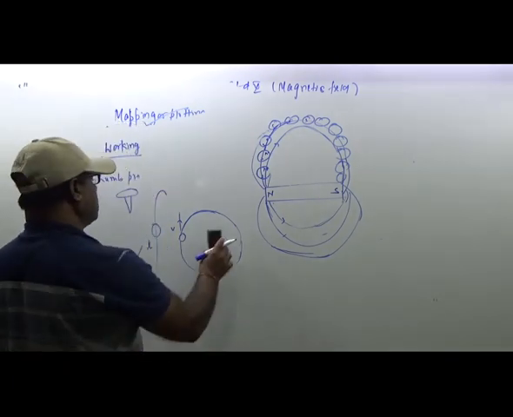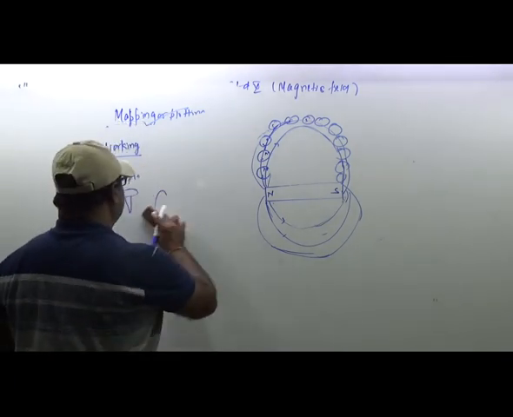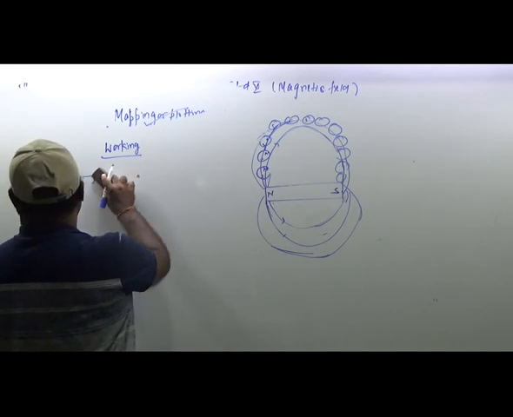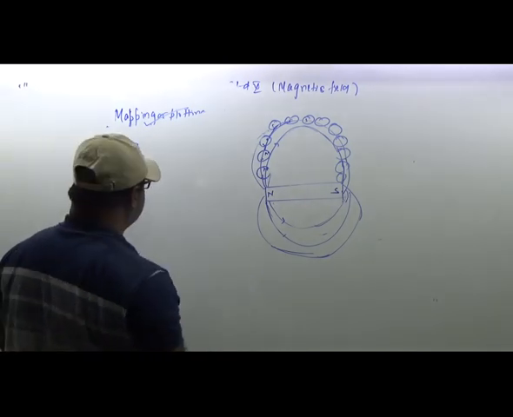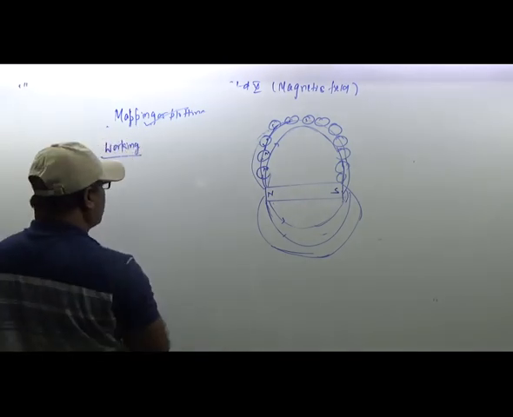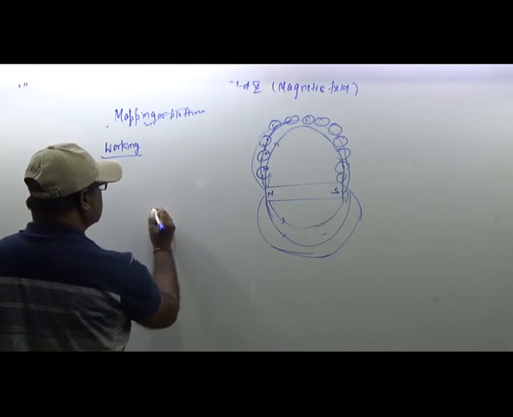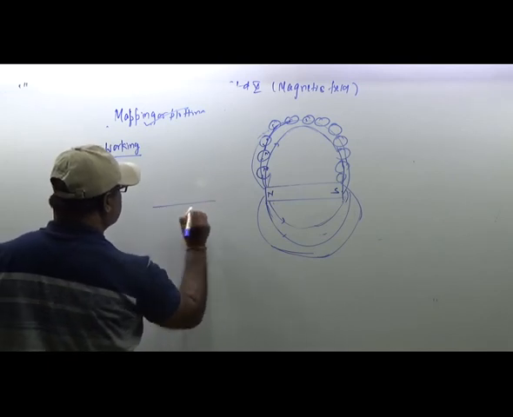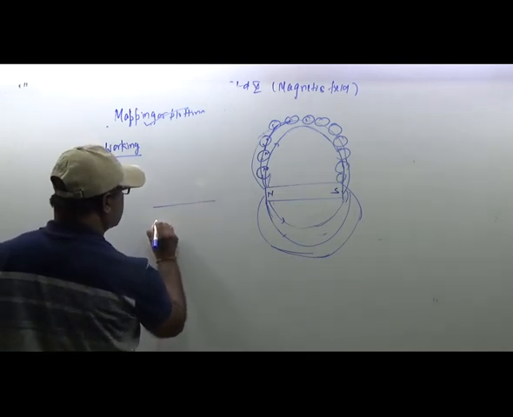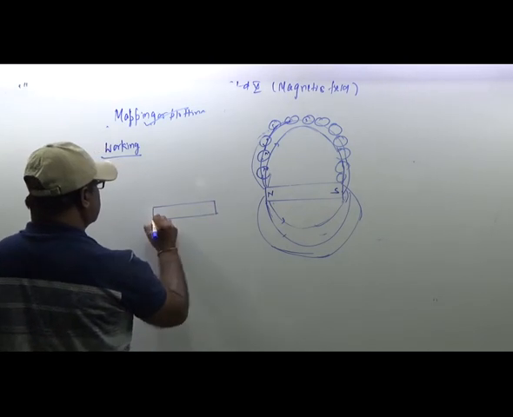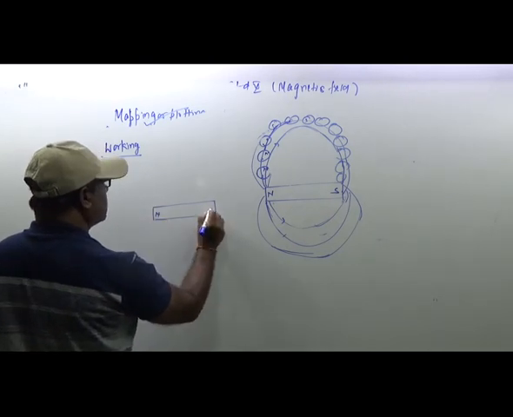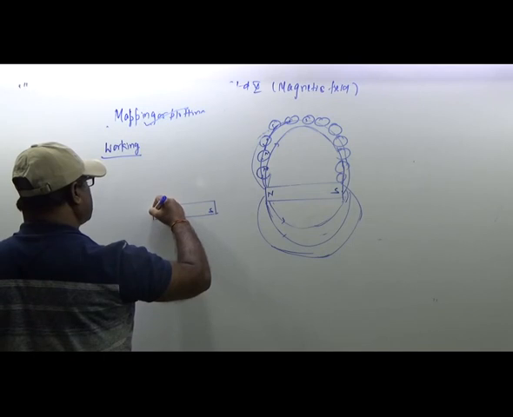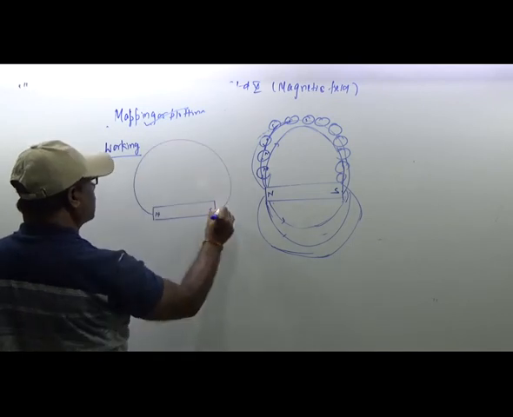So if you draw, I think you have perhaps seen in the book like this. This is a magnet, this is a magnet, and perhaps the book has shown it like this.